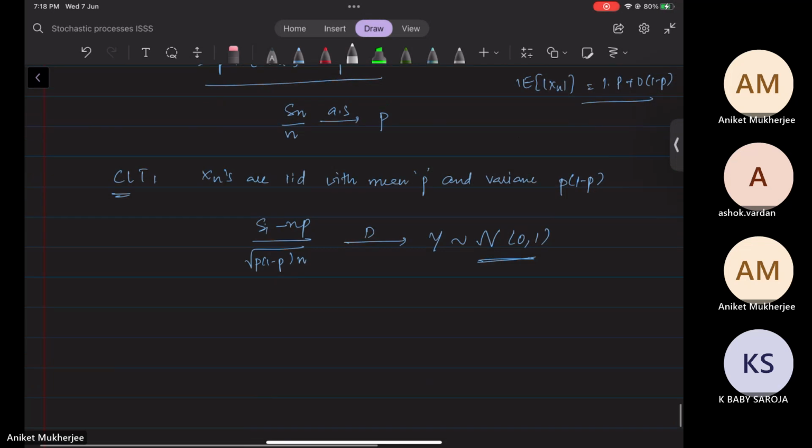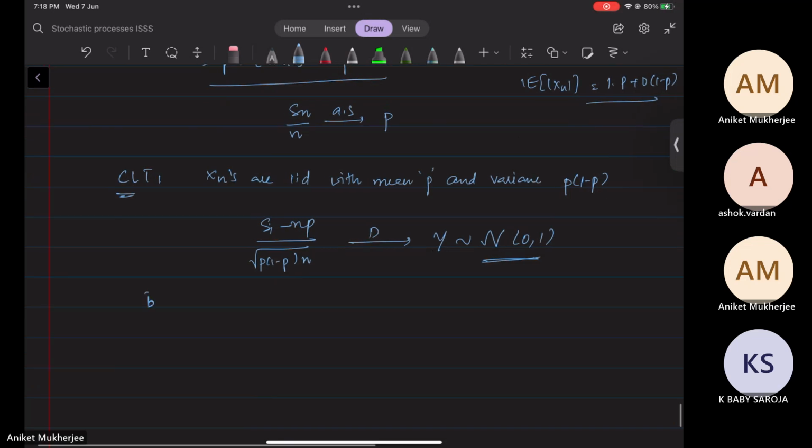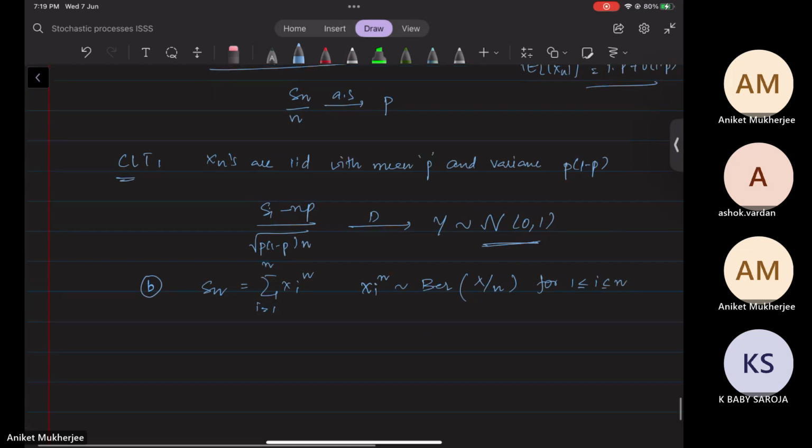Okay. So one more thing I'll do is, I'll try to find limiting distributions. So Sn, again, I'm defining it as the sum of i equal to 1 to n of Xi, but Xi is distributed Bernoulli lambda by n for 1 less than or equal to i less than or equal to n.